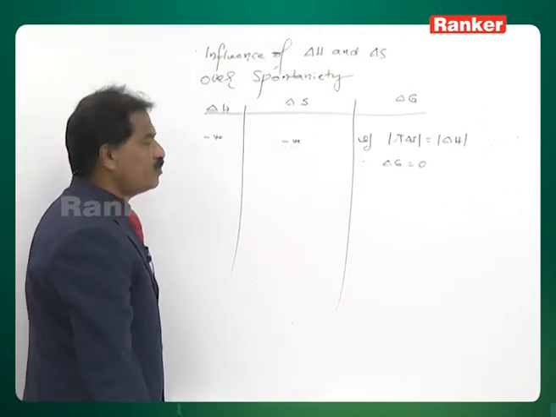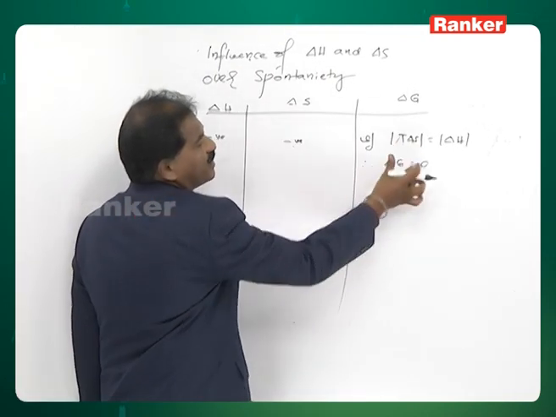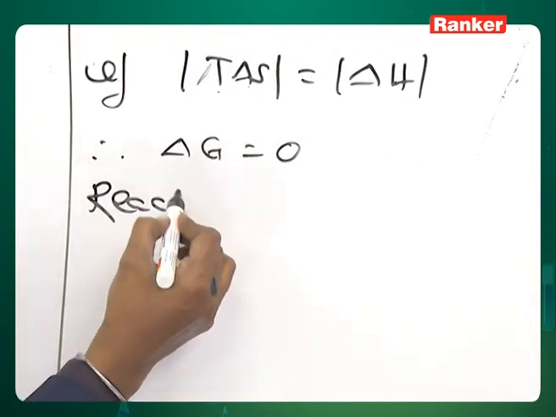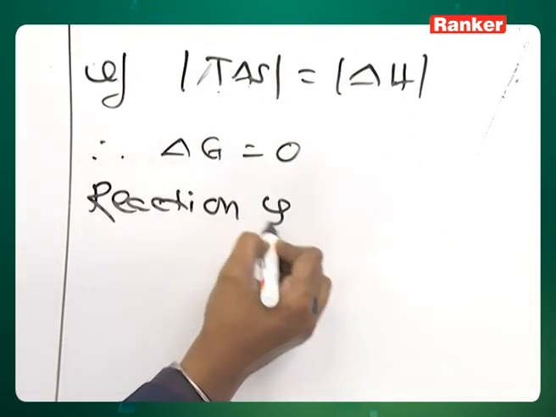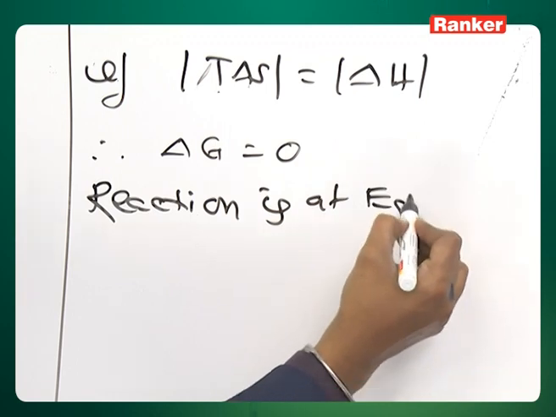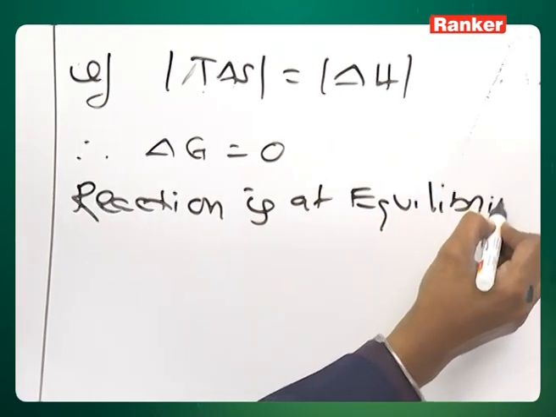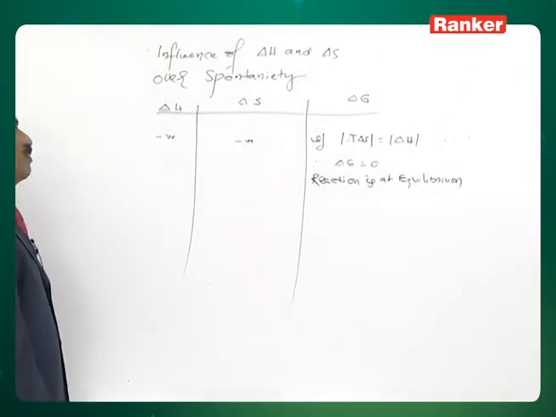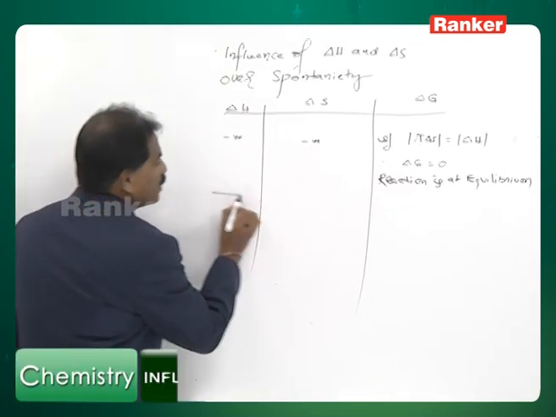If del G becomes 0, then we can say the reaction is at equilibrium. This is one case.